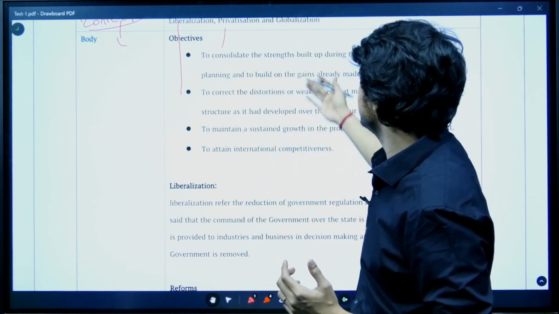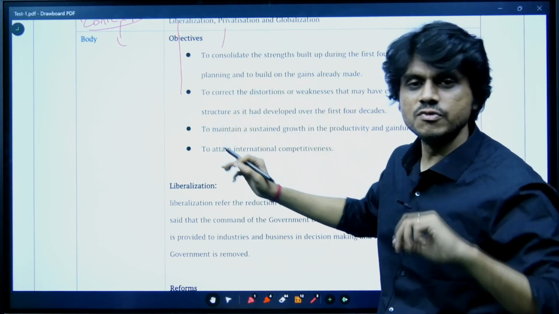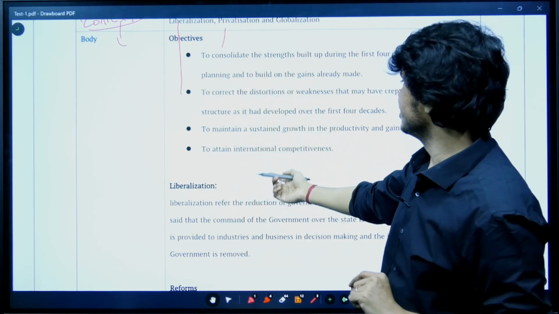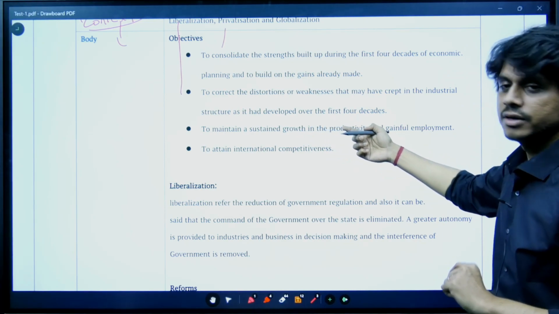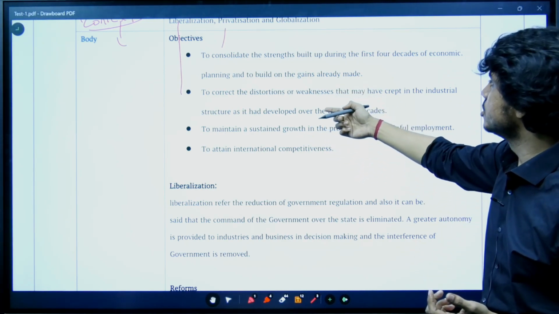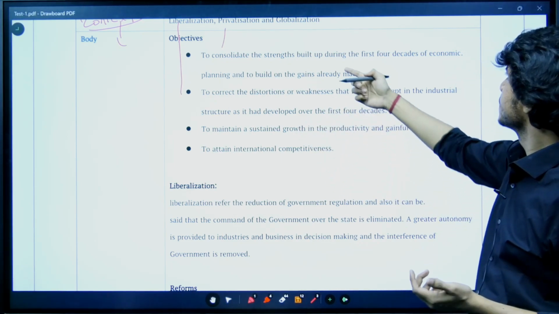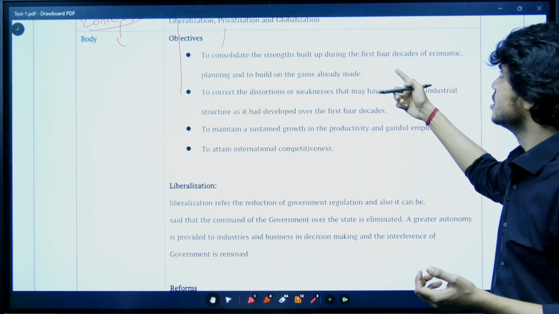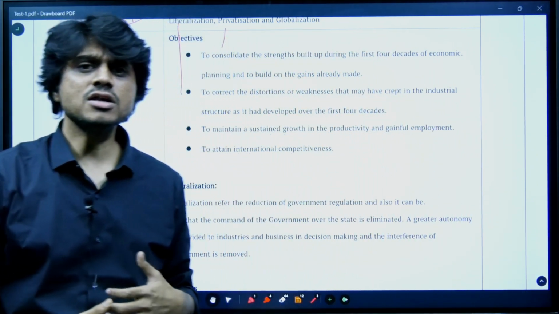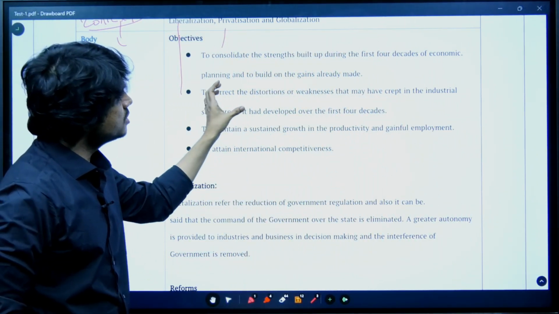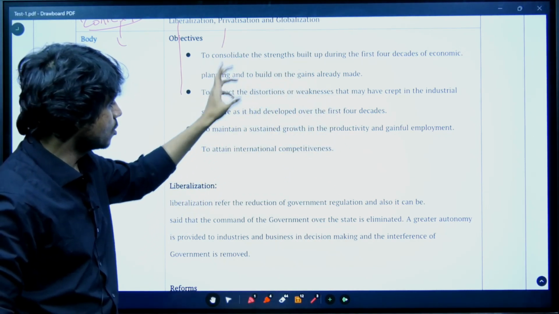Even if you could not actually remember them, you will still be able to mention these general things: international competitiveness, improving employment and productivity, balanced regional development, and removing the distortions that were present in our industrial structure till then. Also, to consolidate the strengths of the last four decades, bring the new set of reforms, and bring new kinds of growth. So these are the objectives.